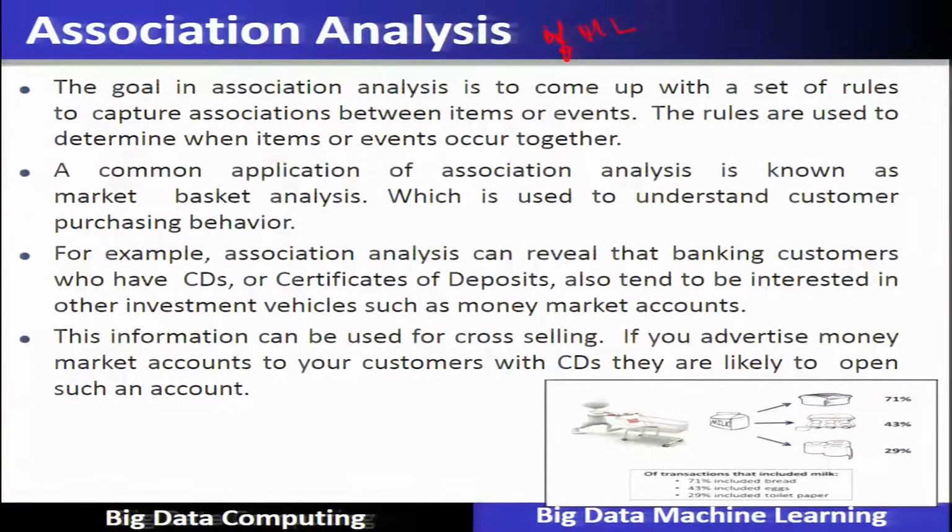So, this inside information from association analysis can be used for cross selling. If you advertise money market accounts to your customers, they will likely open such an instrument, as is already seen in these applications.